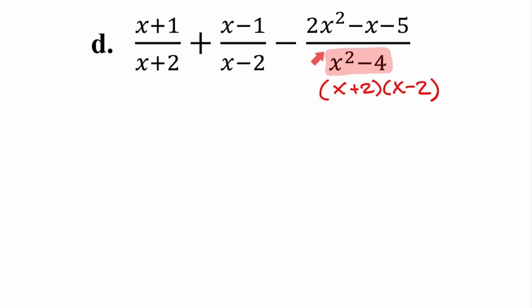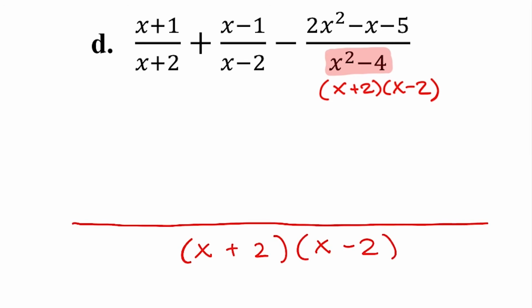So this fraction will not have to change because we have that denominator already, but these other two will have to change. So if that's going to be my common denominator, I'm going to create my giant fraction down here. This first fraction has the x plus 2 on the bottom, but not the x minus 2.